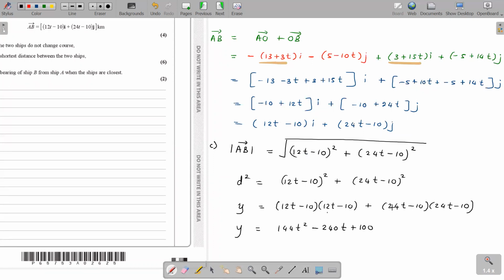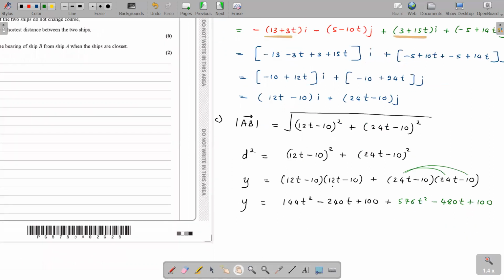Is that okay? And the next one, 24 into 24 is how much? Yeah, work with me. 24 into 24 is 576t squared. 24 into minus 10 is minus 240, and again minus 240, so minus 480t. 10 into 10 is 100. Is that okay? Add everything.